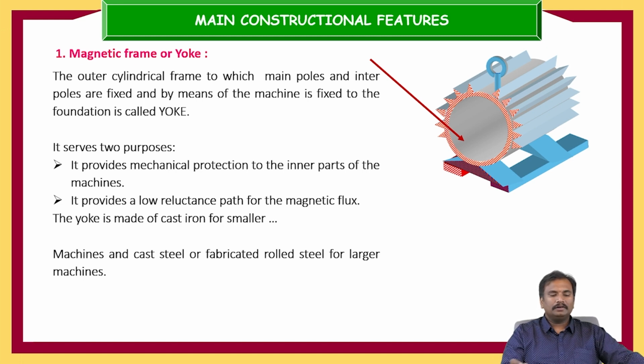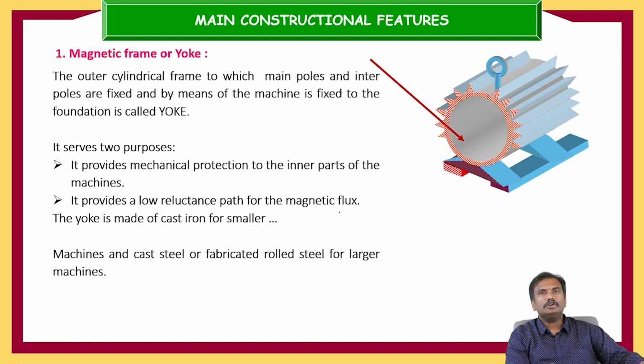So the main thing of having the yoke is that it provides the mechanical strength to the machine, and it also provides a low reluctance path for the magnetic flux.